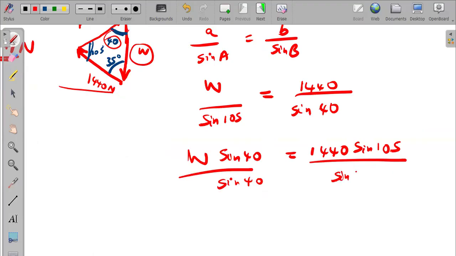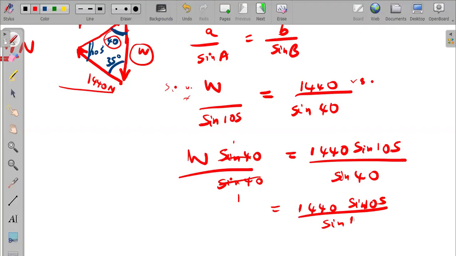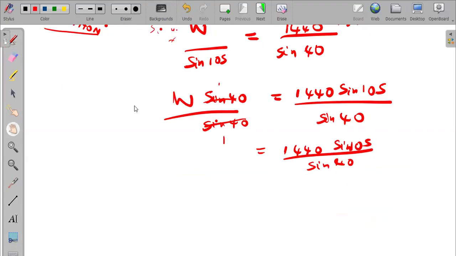We proceed with understanding of calculations. I would just want us to know that here I could just multiply by sine 105, and we would have reached this point here: 1,440 sine 105 divided by sine 40. This is to identify ways of arriving quicker at the answer without actually losing your marks.